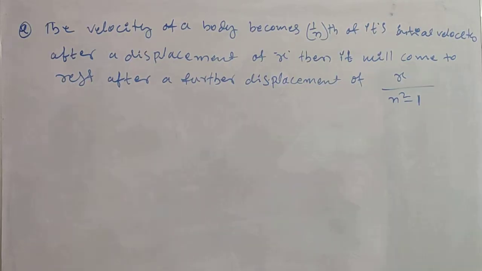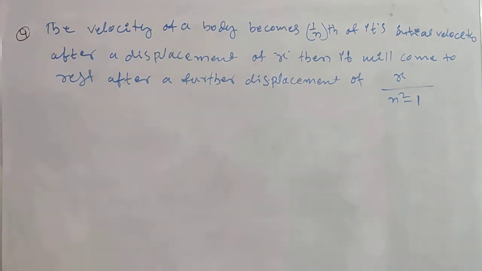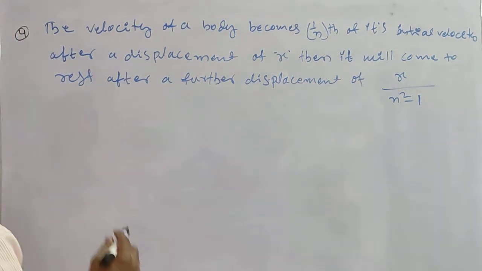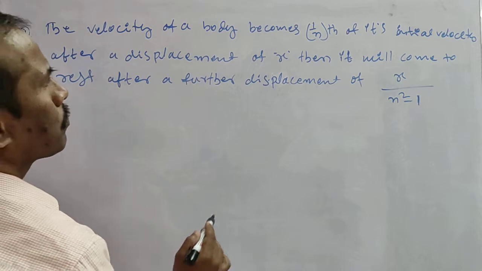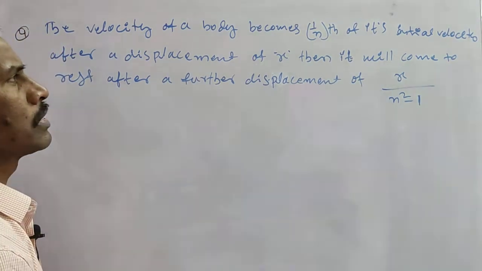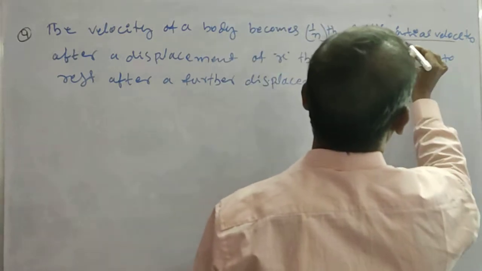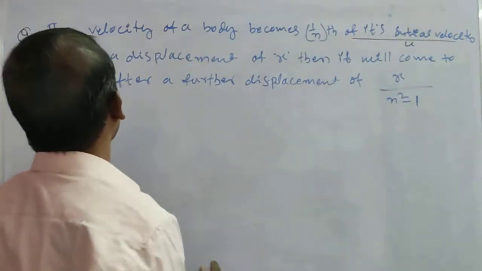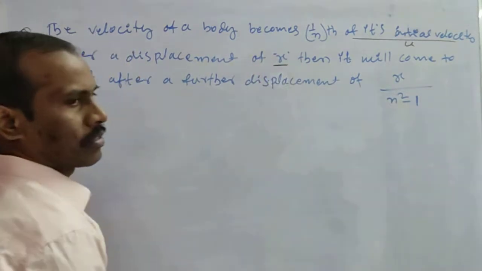See here, the next one, concept oriented, the fourth one. An interesting problem, an interesting question. The velocity of a body becomes 1 by nth of its initial velocity, for example u, after a displacement x.